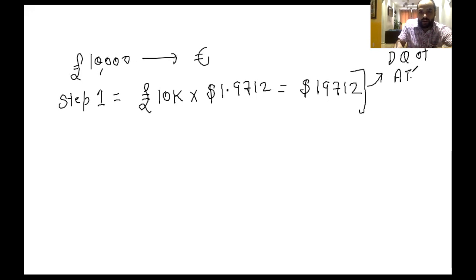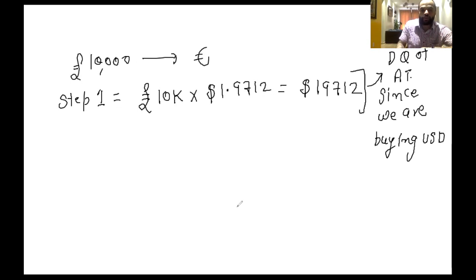All right. So what we are doing here, we are using direct quotation of American terms, since we are buying USD, as I said. Or you can use indirect quotations of European terms.